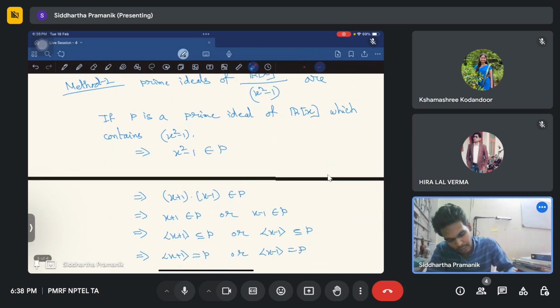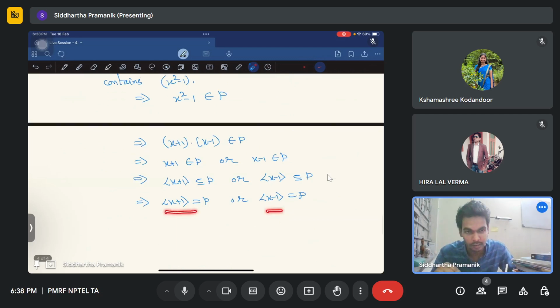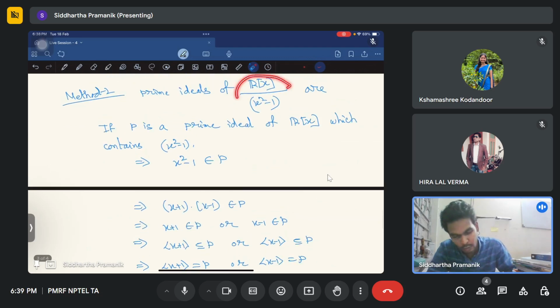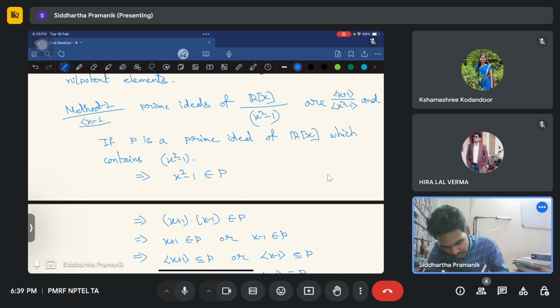So if P is a prime ideal that contains x^2 - 1, then there are only two choices for P. So in this quotient, we have only two choices for prime ideals. What are these? The first one is (x + 1) mod (x^2 - 1) and (x - 1) mod (x^2 - 1).